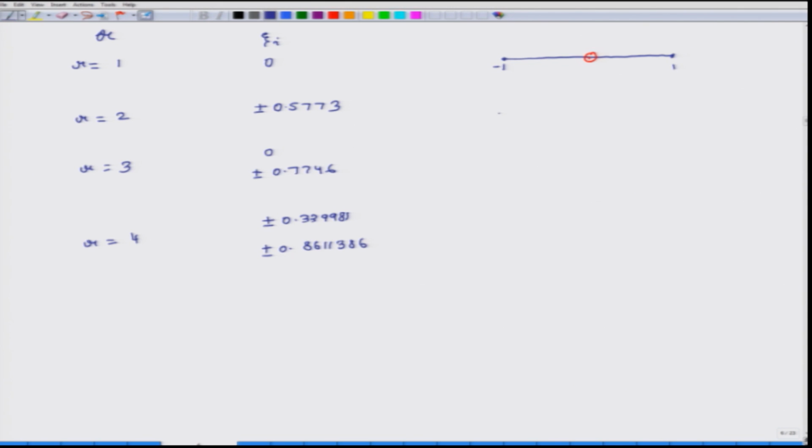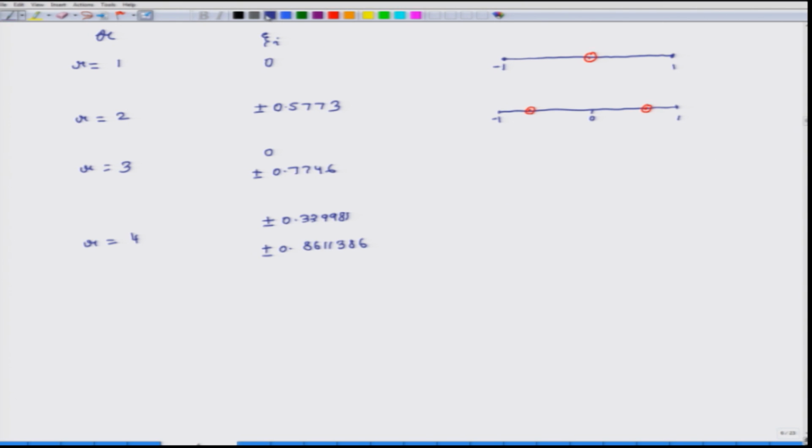If r equals 2, then again this is my minus 1, 1 and this 0, and I have two quadrature points, located somewhere here, a little halfway mark between 0 and 1 and 0 and minus 1.